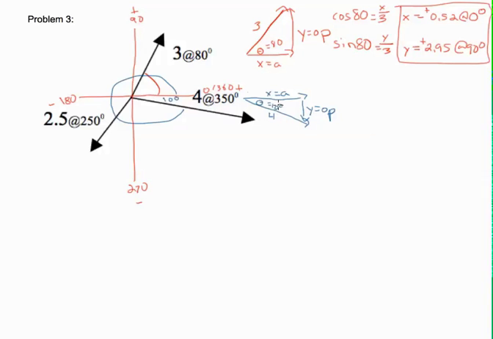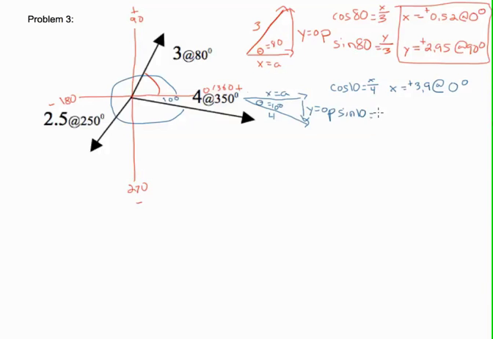We would say that our cosine of theta equals adjacent over hypotenuse. So we have 3.9, and because it's pointing to the right towards 0, it's positive. And we can do the sine of theta equals opposite over hypotenuse.